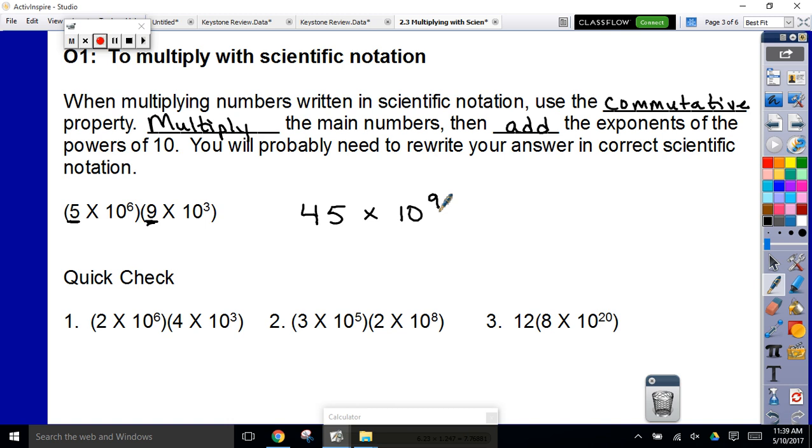The problem with this is that number is not in the correct form of scientific notation, because we can only have one number to the left of the decimal. So I need to move my decimal over one place to say 4.5. How is that going to affect this number?